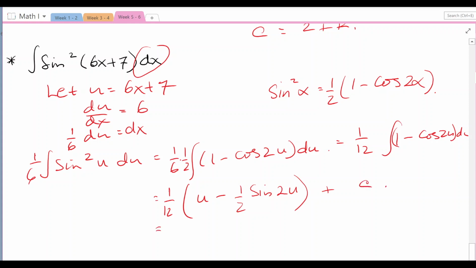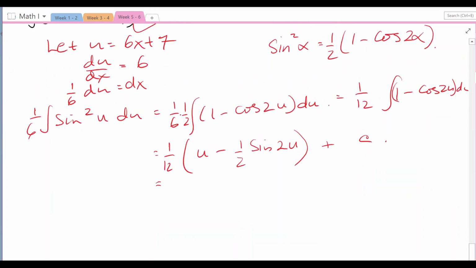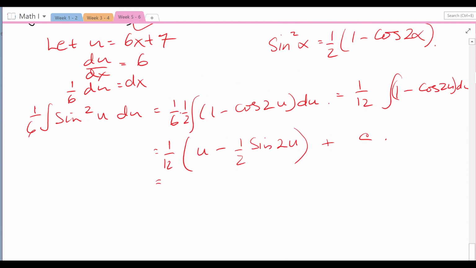So in here we can substitute u equal to 6x plus 7, so 1 over 12 times 6x plus 7 minus half sine 2 times 6x plus 7.